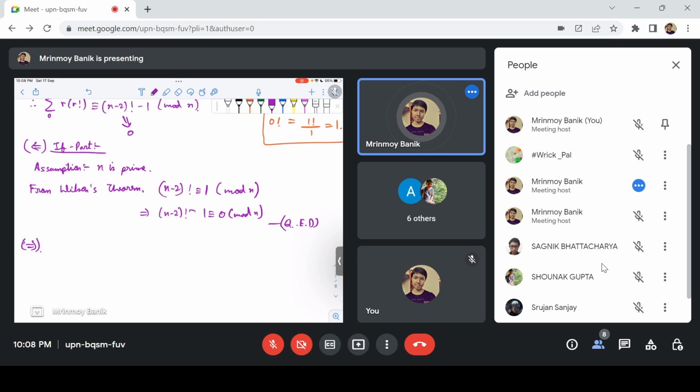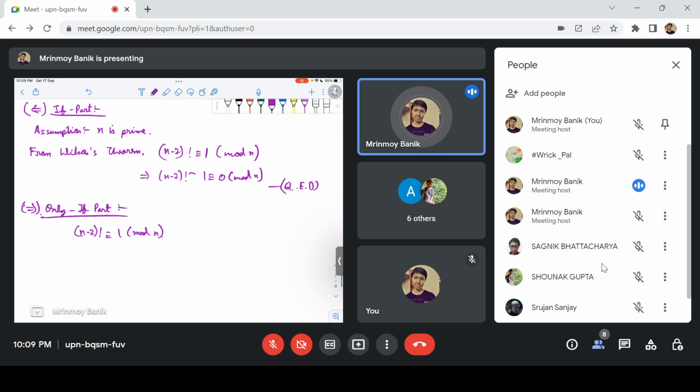The reverse side, the only if part. Here we have n minus 2 factorial is congruent to 1 mod n, and we have to deduce whether or not n is prime.